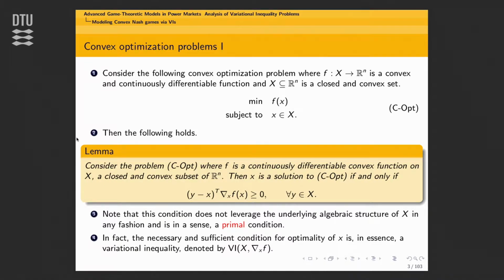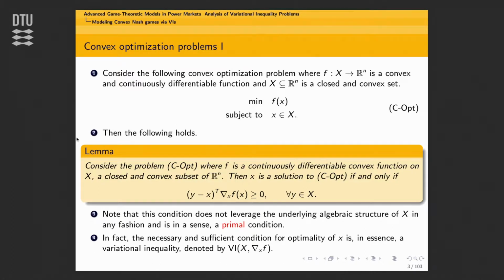Okay. So today, if you think about what we did yesterday, we spent a lot of time, after the introduction, looking at a variety of models and assessing how they lead to a class of variational problems, whether they're VIs, complementarity problems, or MPECs, or even more generally multi-leader, multi-follower games.